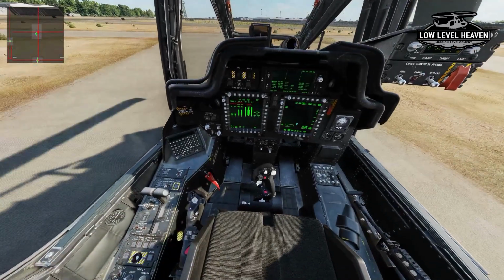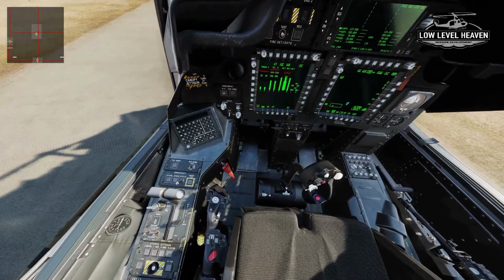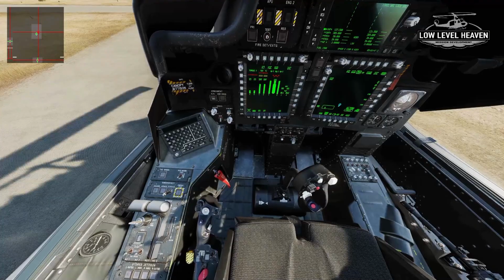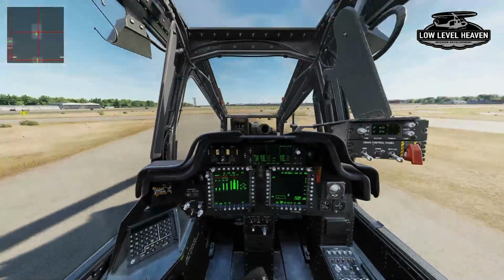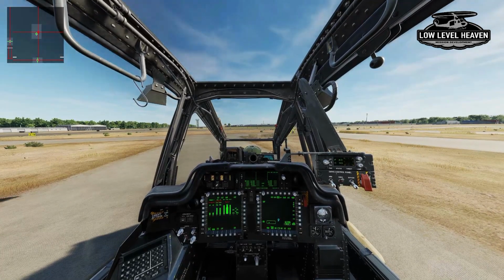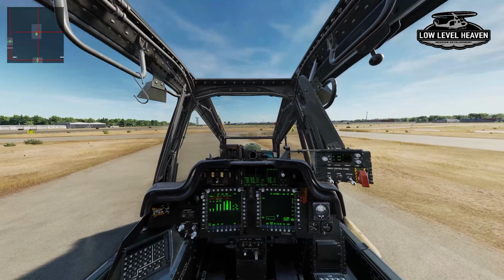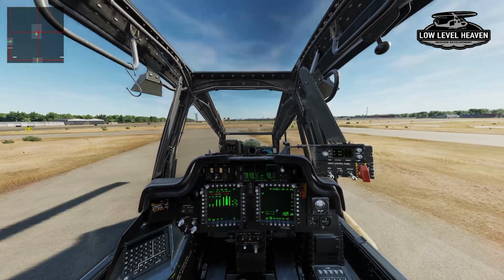Before that, we can get a look if the cyclic stick is centered. We have some markers on the bottom of the cockpit. You see I did already right in the center. That's because of my body memory, my muscle memory. I have the same distance to the screen. I have the same distance between the seat and the cyclic stick.